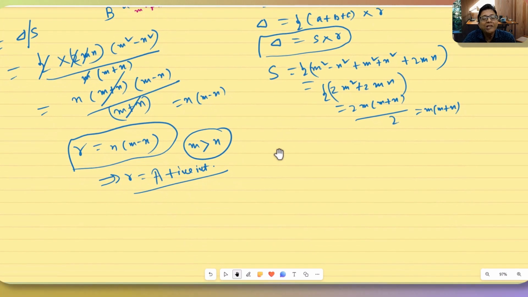The question is how many triangles can be formed. Let me discuss it right now. Now m is greater than n and they are prime to each other. So what does this imply? m minus n and n have opposite parity.